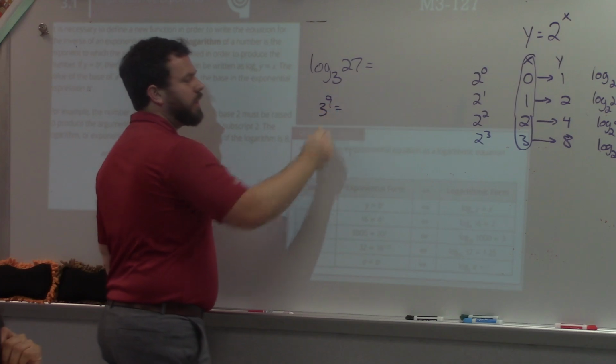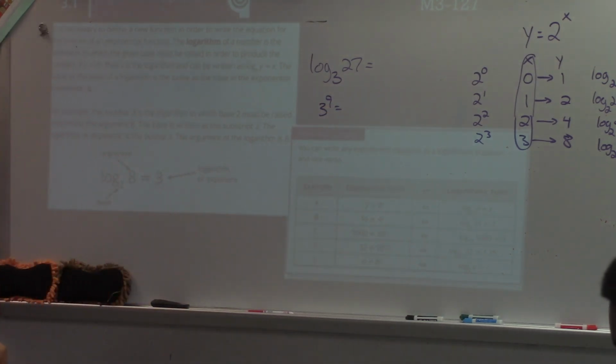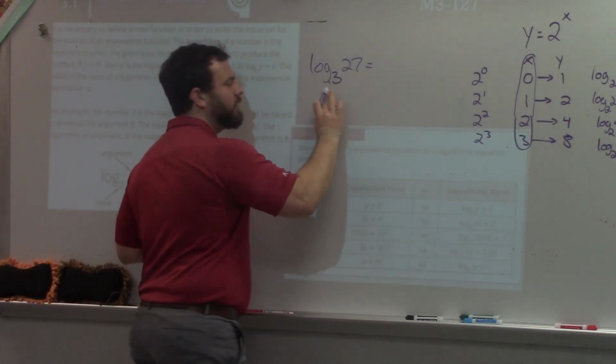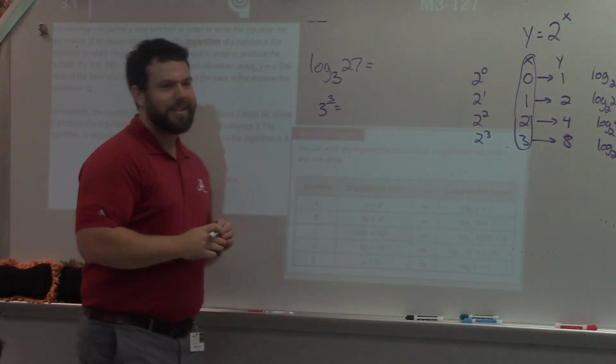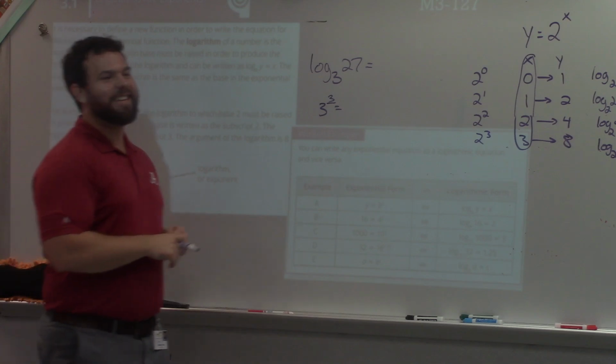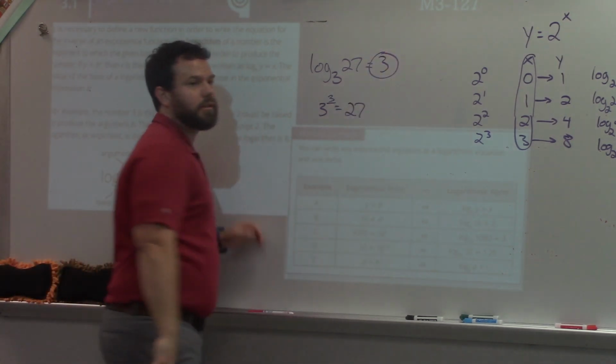Let's type 3 to the 9th into the calculator. No. What did it be? Maybe 3. If you have an exponent of 3, let's try it. What is 3 to the 3rd? 27. 3 to the 3rd is 27. So what's my exponent? 3.